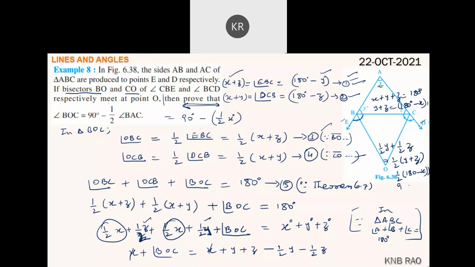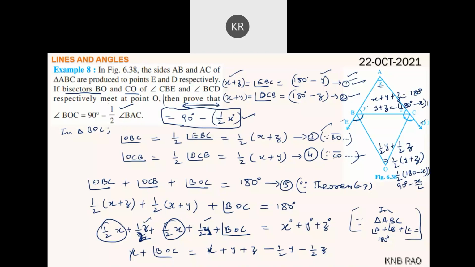Half 180 is 90 minus half X, which is what we are asked to prove. Now instead of half X, substitute half angle BAC. Angle BOC is equal to 90 minus half BAC. Is it clear?